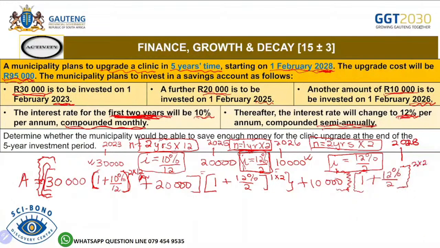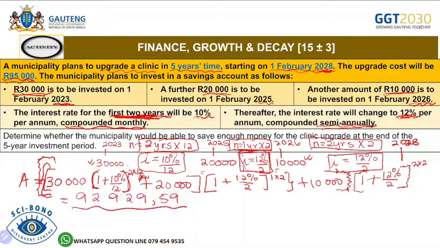The final answer we are expecting as we calculate this together with you, the total amount that we'll have, is 92,929. Remember, you can now round off your answer because we are at the final answer, and 59 cents.